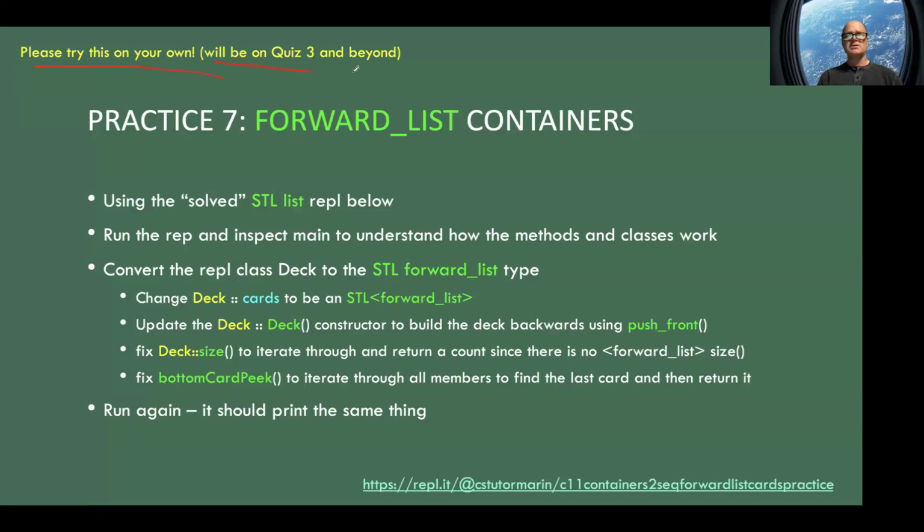The only thing I'll say, at a really high level, is that quiz 3 will just ask you, what's the difference between these things? Or what are the primary things you can't do with a forward list, right? Can't put stuff at the end. So that's really the key takeaway.